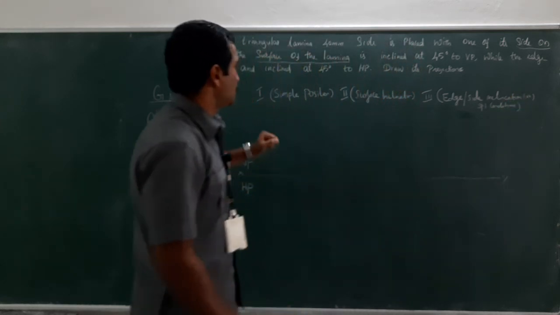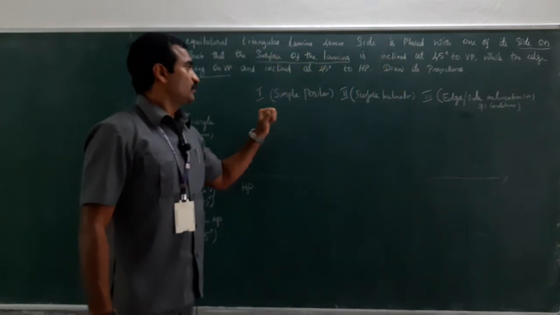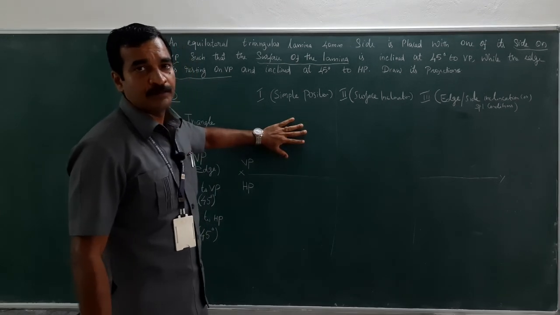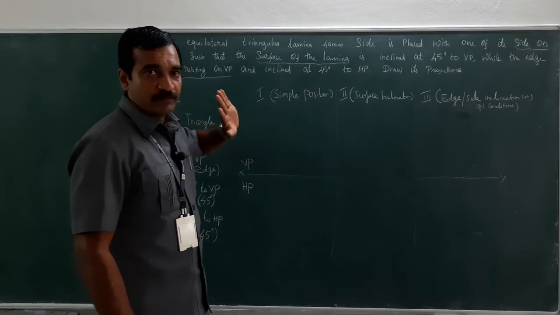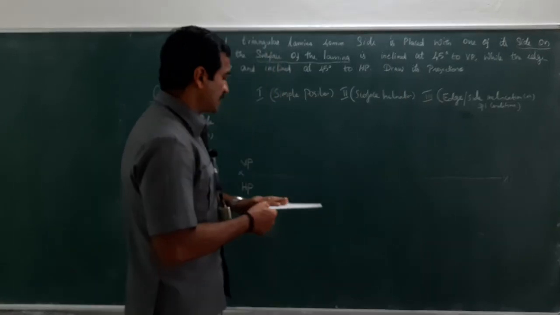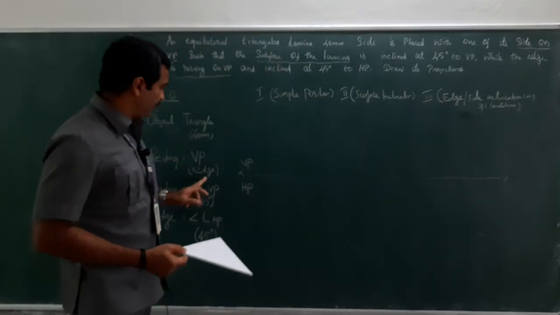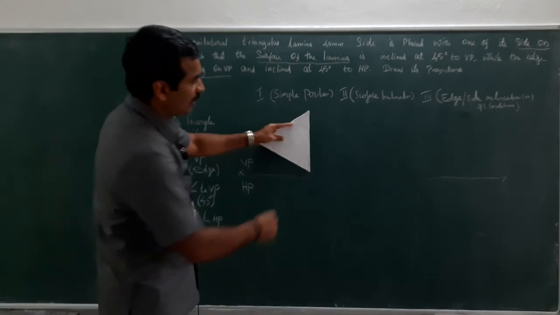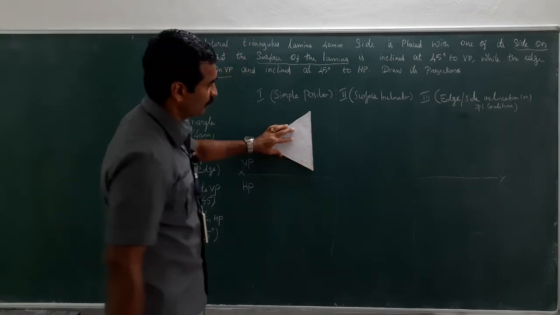Right. So as far as first stage is concerned, it's going to be where the object is resting. Here the object is resting on VP with edge. That edge should be kept on the right hand side.